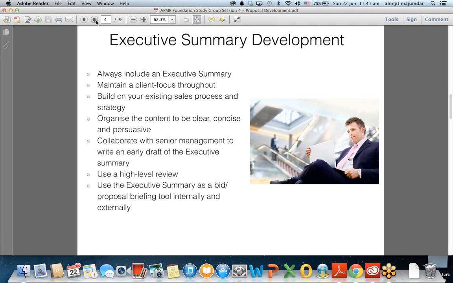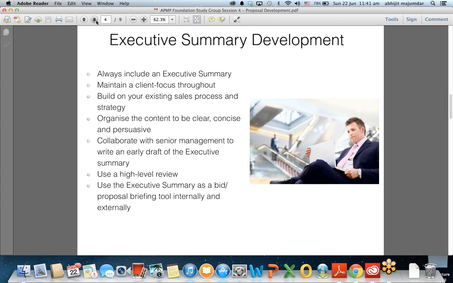And you need to actually identify and involve the senior management within the organization, because the senior management knows and experiences the same thing that the senior management executives from the customer side are going to evaluate. So involve your senior management team.